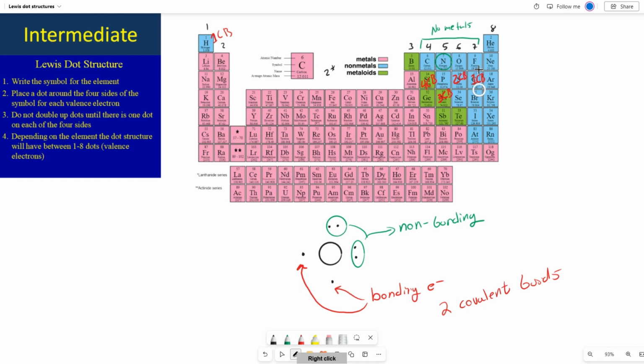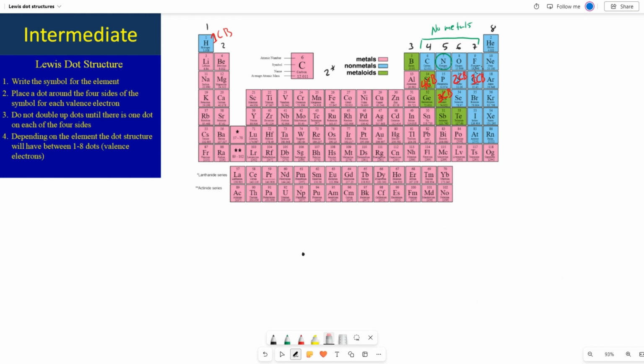Let's take a look at one of the elements in group 17 here. It says it should make 1 covalent bond. Let's look at its dot structure to make sure that that would be correct. So we'll take a look at bromine. And again, we don't care about the total number of electrons. We only care about the valence electrons. And all the elements in group 17 have 7 valence electrons. Put 1 on each side.